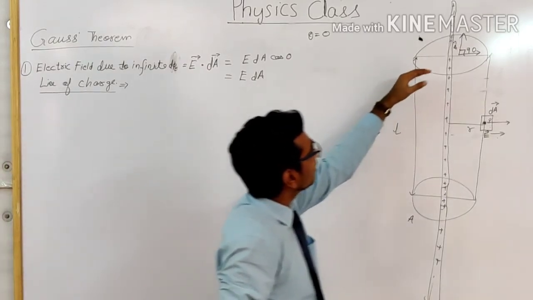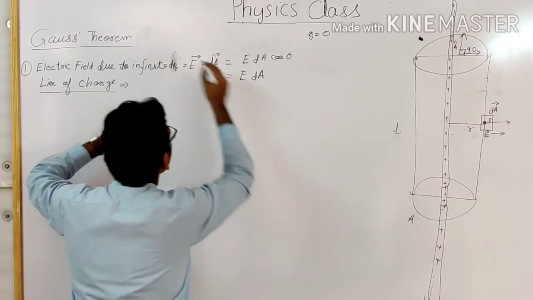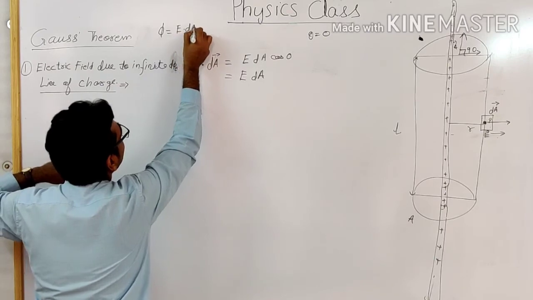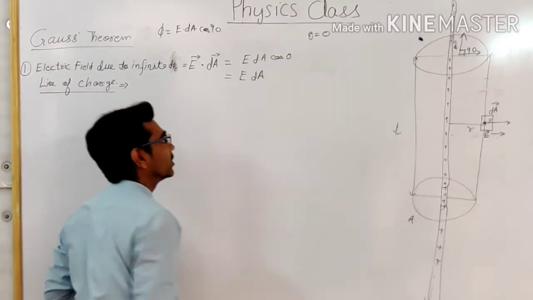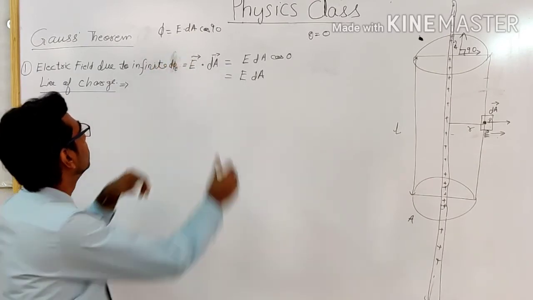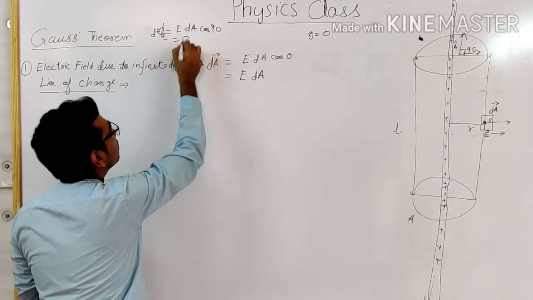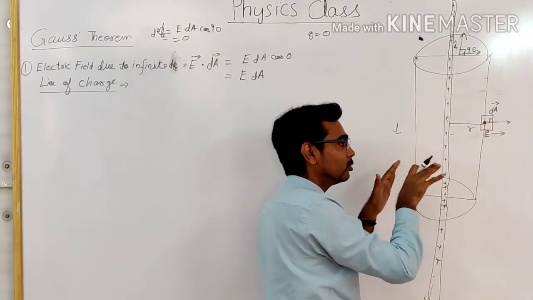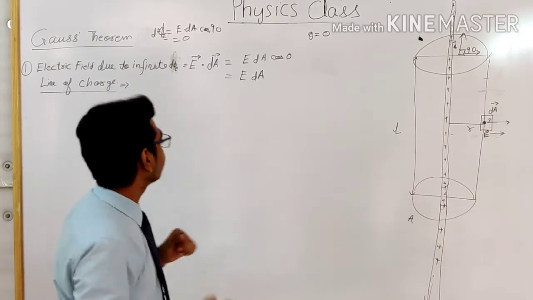So there is no electric flux from the top and bottom surface. Why am I saying this? Phi is E dA cos 90 for the top surface and the same for the bottom surface. So you will get 0. So the total flux, meaning the lines of force passing through a particular area, is only for the curved surface. Got it?